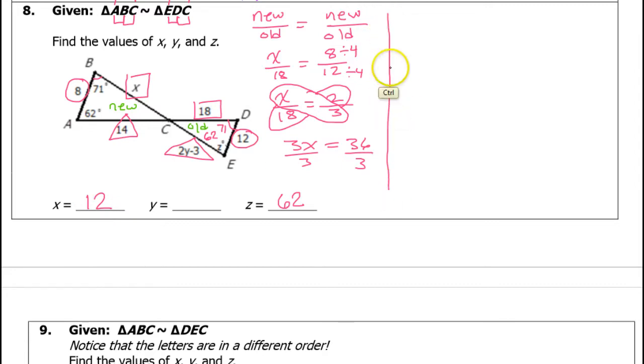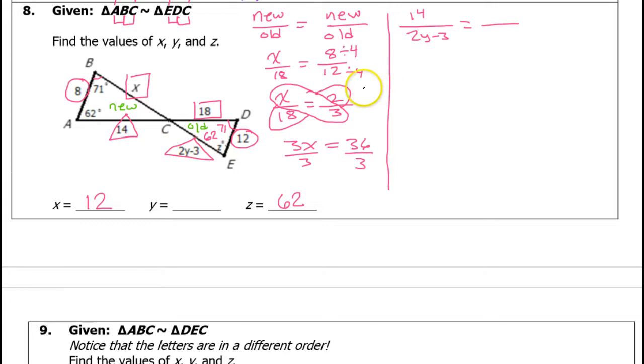Now I'm going to do the same type of thing to find y. 2y minus 3 is inside a triangle. So it corresponds with the 14. Now I have to do new over old, so I'm going to do 14 over the 2y minus 3.